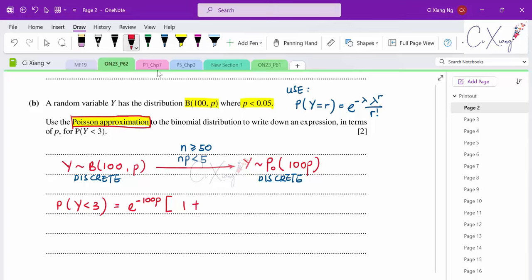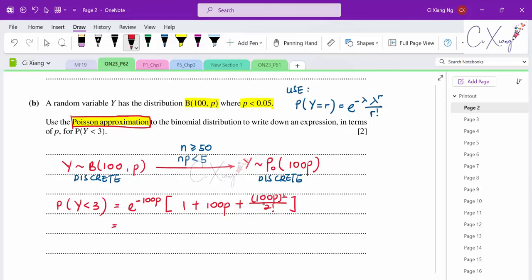Then plus, when Y equals 1, the value is lambda, because lambda to the power 1 divided by 1 factorial is lambda. I already factorized out e to the negative lambda. For Y equals 2, I have lambda squared divided by 2 factorial. I should stop here because they said Y smaller than 3, not including 3, so I stop at Y equals 2.